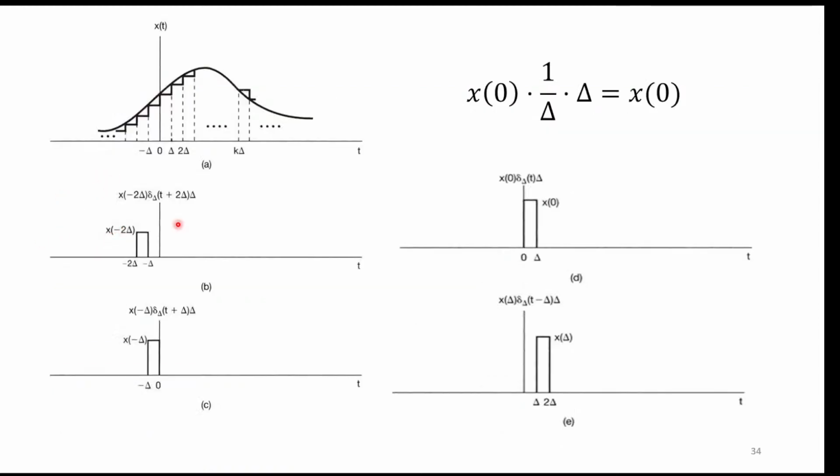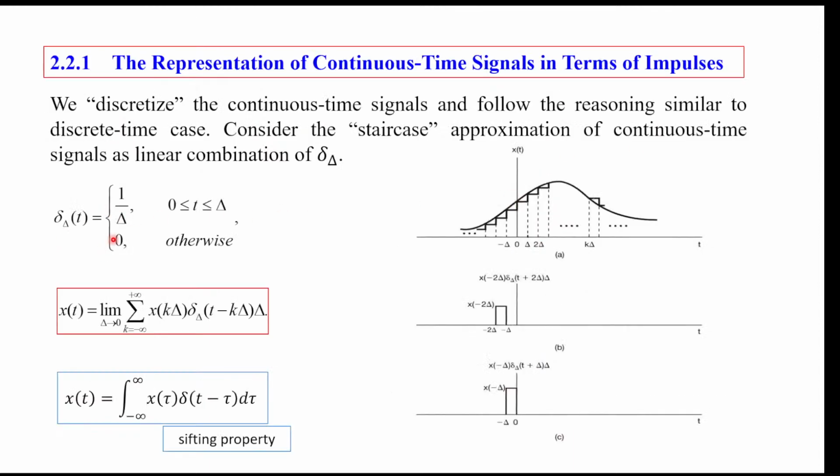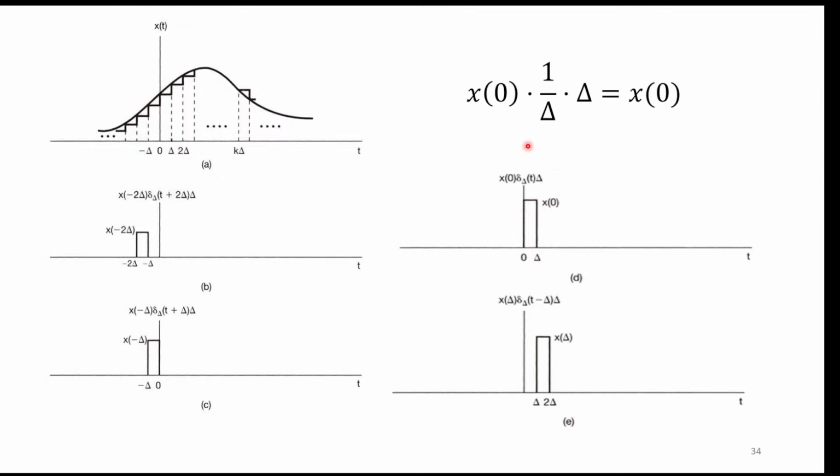Okay, and so we do this in a convoluted way to write out x of 0. We say x of 0 equals x of 0 times 1 over delta times delta, and this function is this delta sub delta of t, times delta times x of 0.